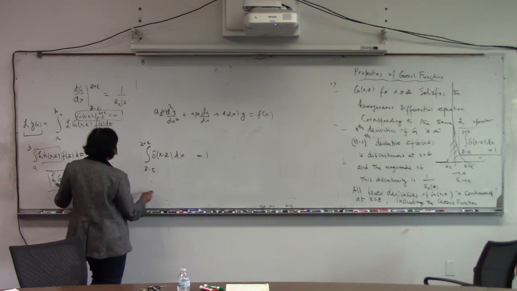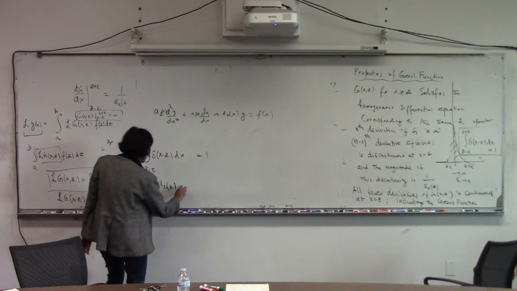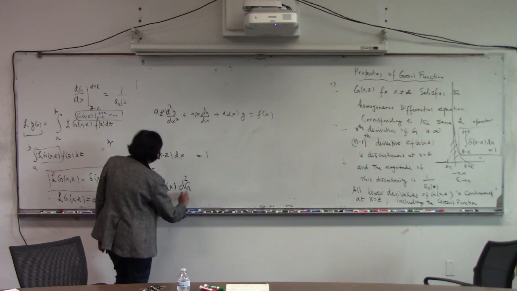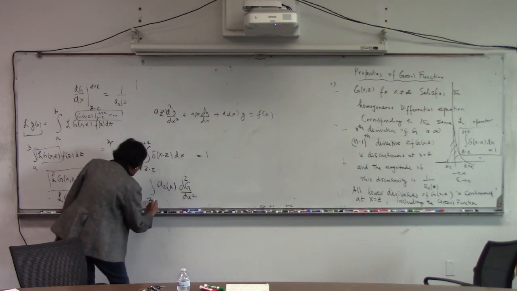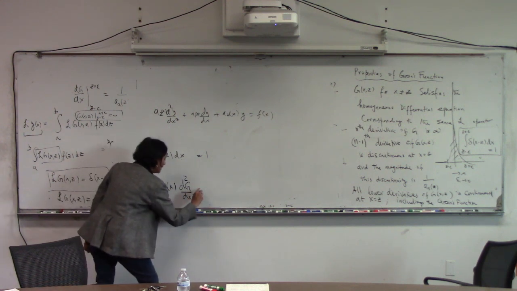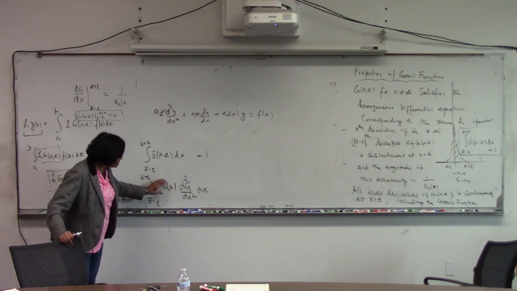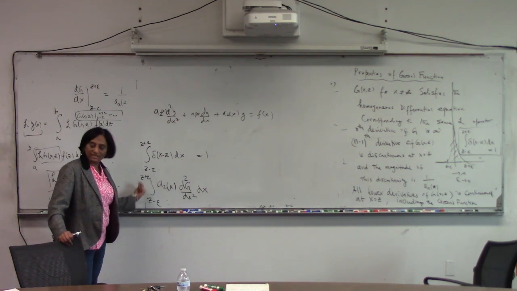So when you integrate that, that term becomes what? a2(x) d squared g over dx squared, being integrated between z minus epsilon and z plus epsilon dx, right? This is such a small regime, I'm going to pull this out as a2(z).